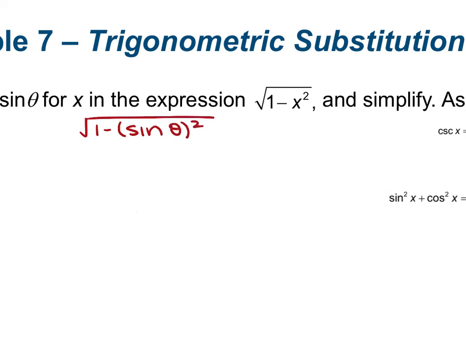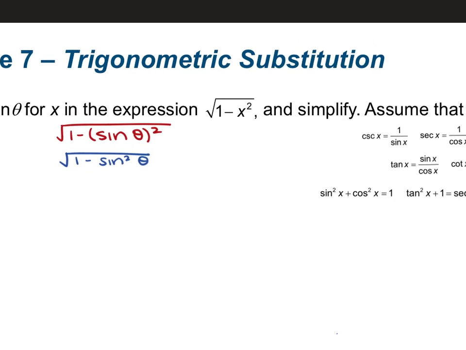This is going to give us the square root of 1 minus sine squared theta. This 1 minus sine squared theta, guess what? You have a sine squared x in one of those Pythagorean identities, which is that sine squared x plus cosine squared x equals 1. So rearrange those terms to make it easier for you to deal with.